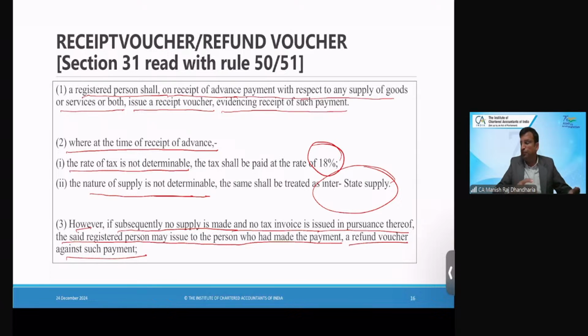एक बार पढ़ लीजिए इसको. Receipt voucher and the refund voucher.